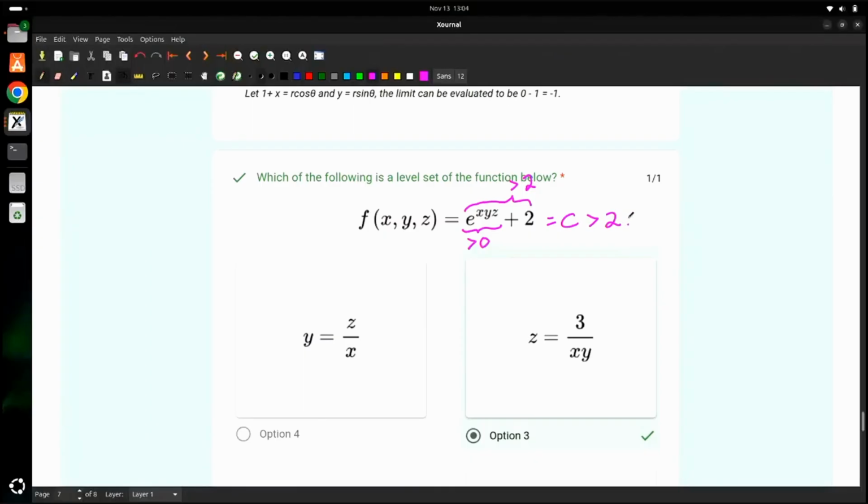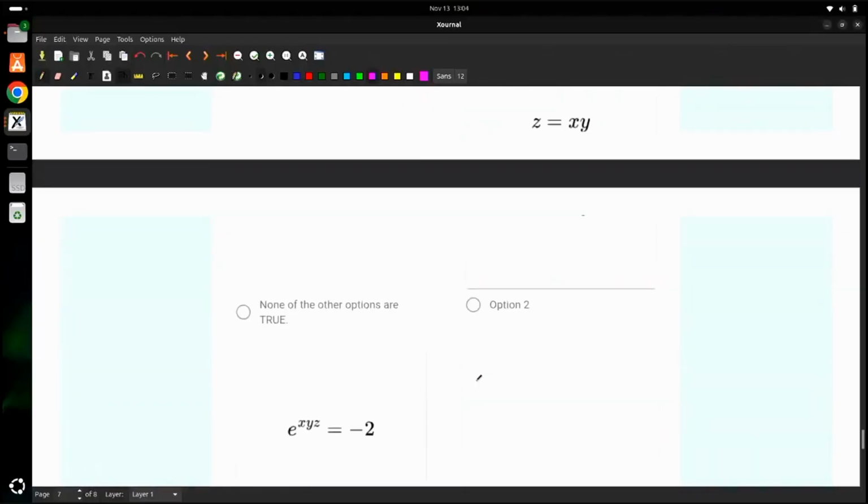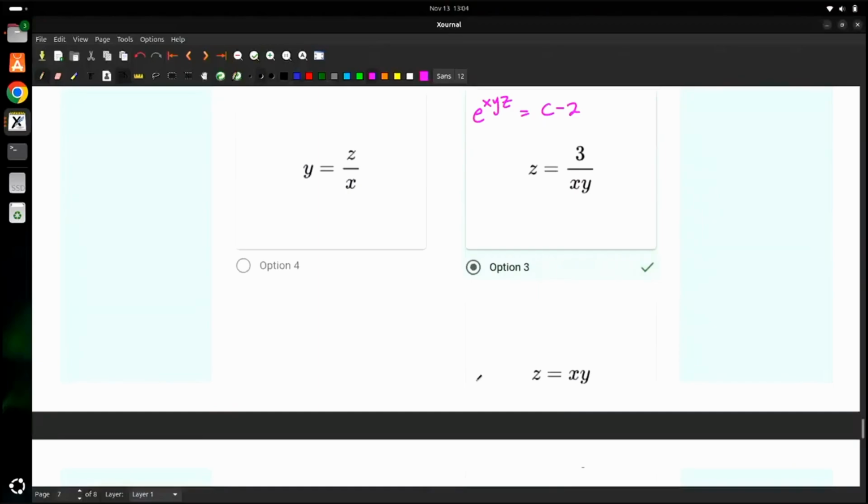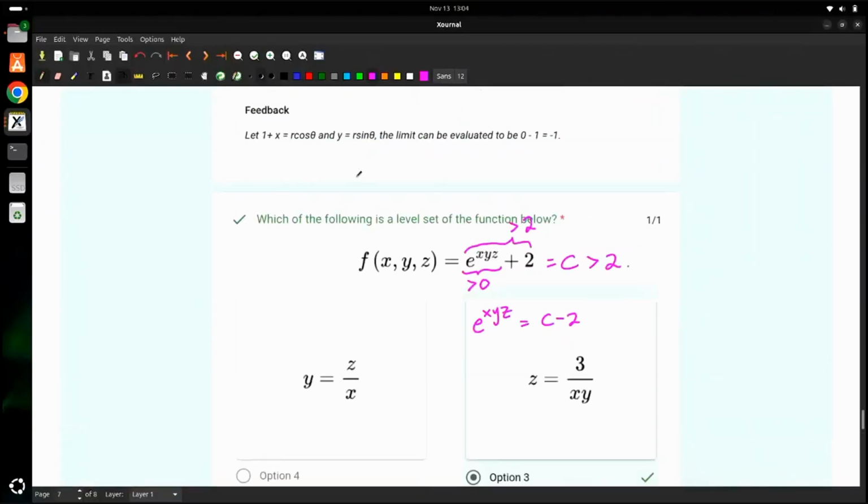I think so far so good. Now we can mess around with this: e to the xyz equals c minus 2. The expressions given here are all written as relations involving only the independent variables x, y, z, so certainly you can manipulate this expression into that form.